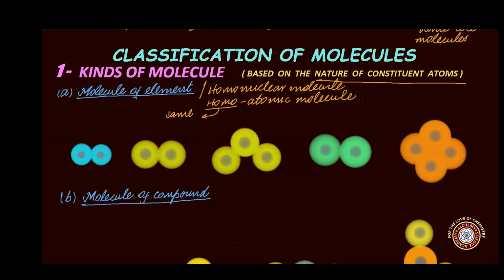Therefore such molecules are called homoatomic molecules or molecules of elements. These molecules are the representative particles of molecular elements. For example, in this case, it is a hydrogen molecule. It consists of two atoms which are of the same element, that is hydrogen. Therefore it is a homonuclear diatomic molecule.